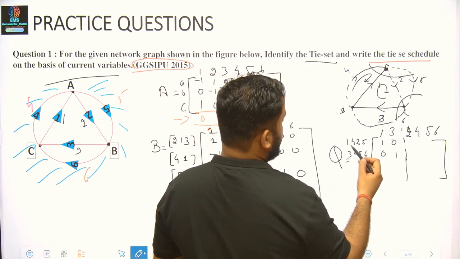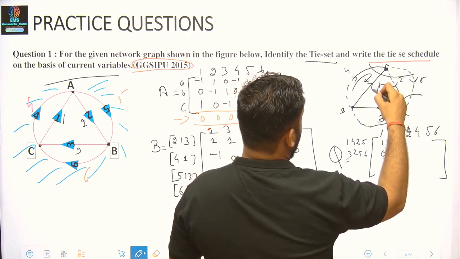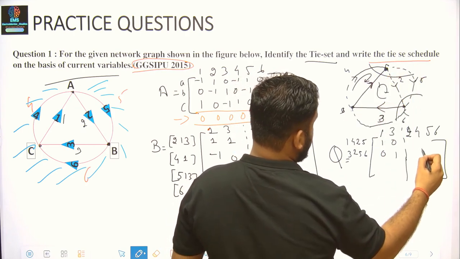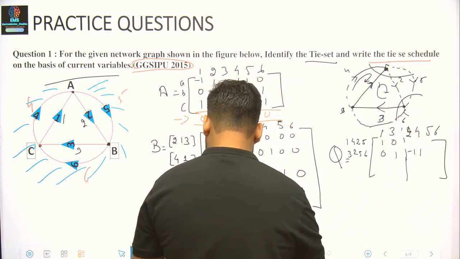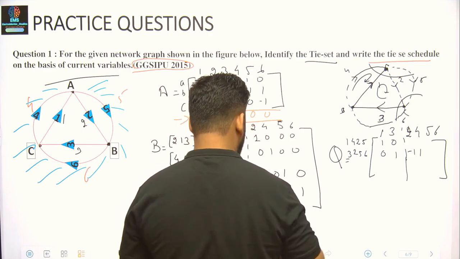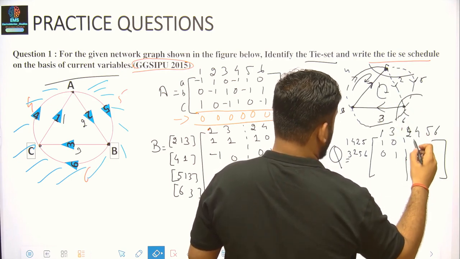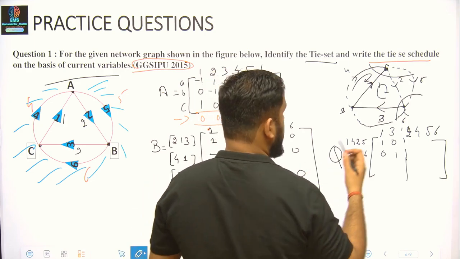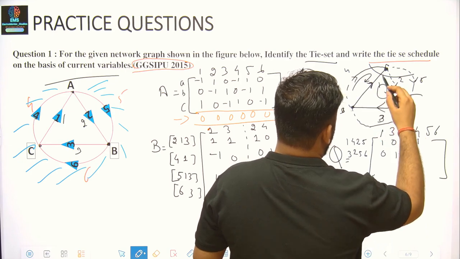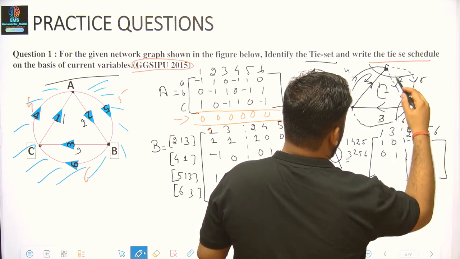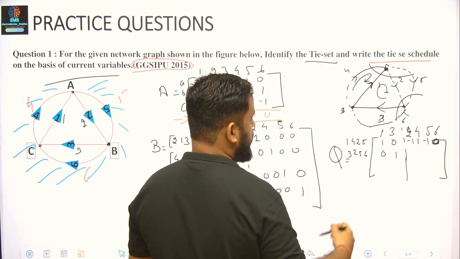So just check out the direction of 1, current 1. So current 1 is incoming, 4 is incoming, 2 is outgoing. 1 is incoming, 4 is incoming, 2 is outgoing, 5 is outgoing, 6 is not connected, so it's a 0.